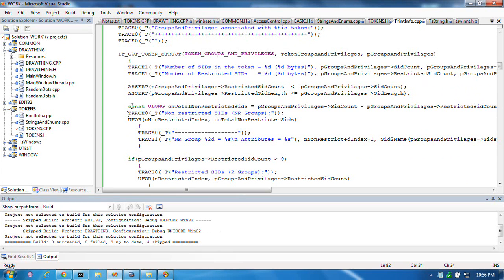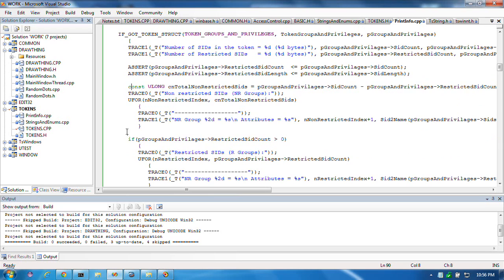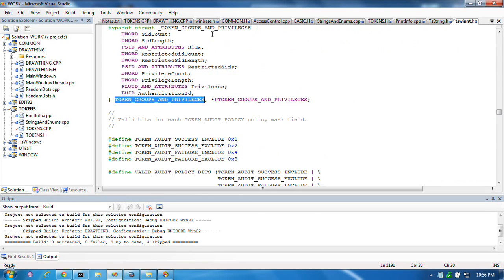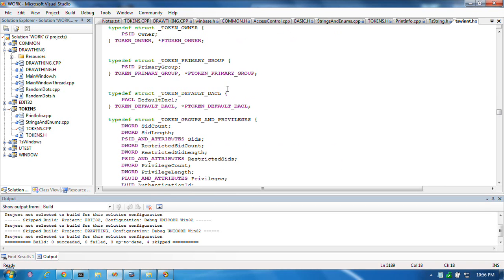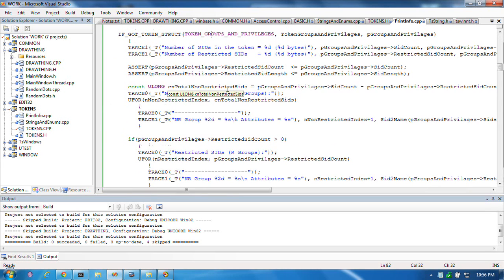And then so there are two sets of SIDs, groups and privileges. See, and privileges is written out this way in terms of one of these structs, and it's called attributes. Okay, now I don't know why it's not called attributes instead of privileges, but that's what it's called. LUID is a type of identifier.